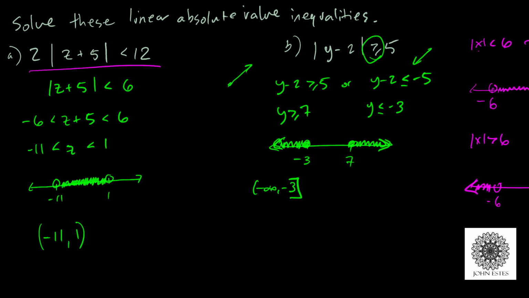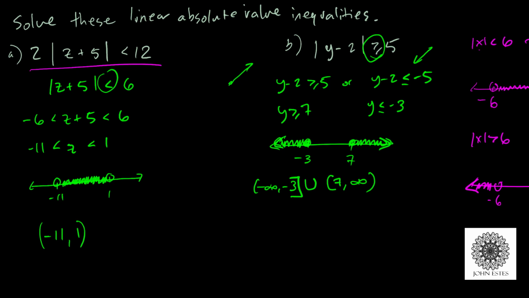Because it's less than or equal to. The previous one was just less than, so it wasn't included. Now on the 7, we have 7 included all the way up to positive infinity. And the way I'm talking about both of these is I put in this union symbol. And the union symbol means that I'm combining both of these intervals to create one set. Okay, so there's my solution.